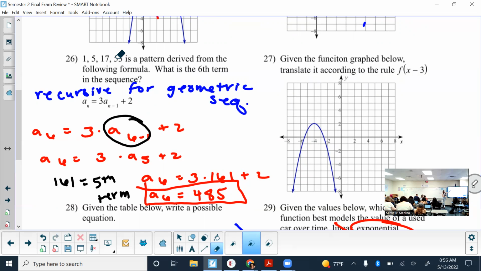it's like some weird patterns going on, but there is a pattern and they're giving you a rule. All right, all you need is that rule. And the rule is a recursive formula.